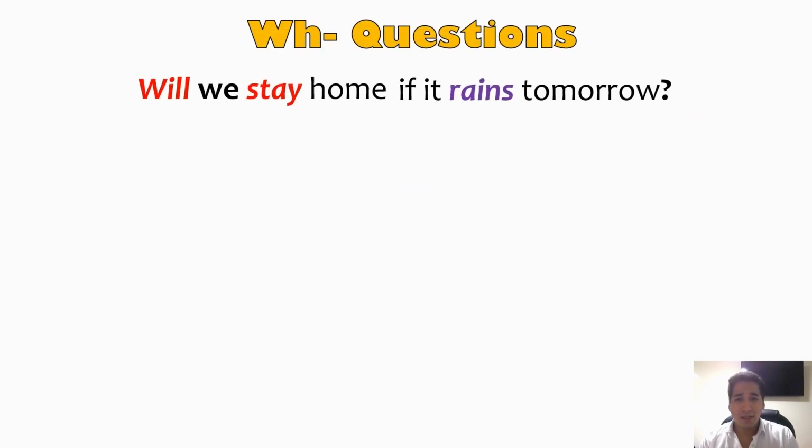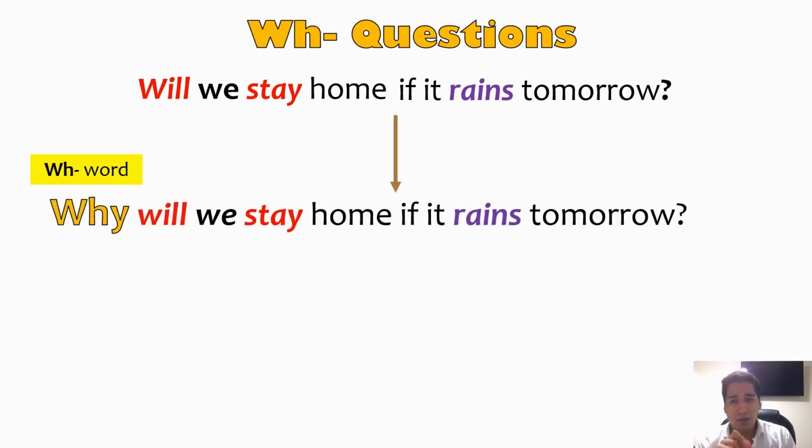What if I want to formulate a WH question? What can I do? Okay, take a look, guys. So remember this yes no question from the previous slide. Will we stay home if it rains tomorrow? The only thing we are going to add to this yes no question is the WH word. Take a look. So then we might ask, why will we stay home if it rains tomorrow?